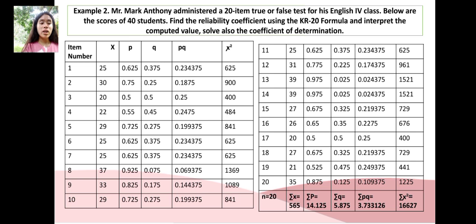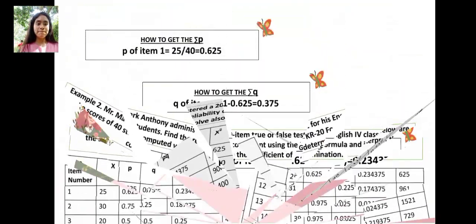And then the summation of the squared scores we have 16627. Are you following? Nakuha ra? Okay, so let's continue.